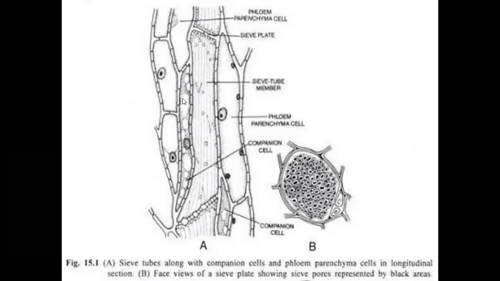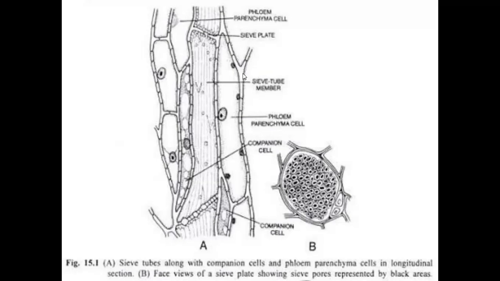Outside of the companion cells, phloem parenchyma is present. The phloem parenchyma mainly helps in the storage of organic solutes. They also help in the translocation of organic solutes through the sieve tubes. The phloem parenchyma are also living cells, containing a perfect nucleus with cytoplasm.